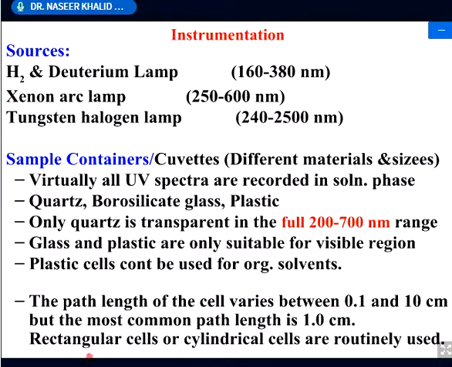It could be rectangular or cylindrical, just like a test tube. A simple test tube could be used if it is made of quartz, or of glass where appropriate. If it is 1 centimeter, no problem, it will serve our purpose.